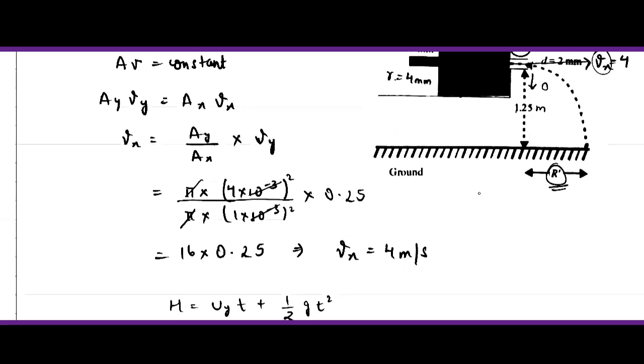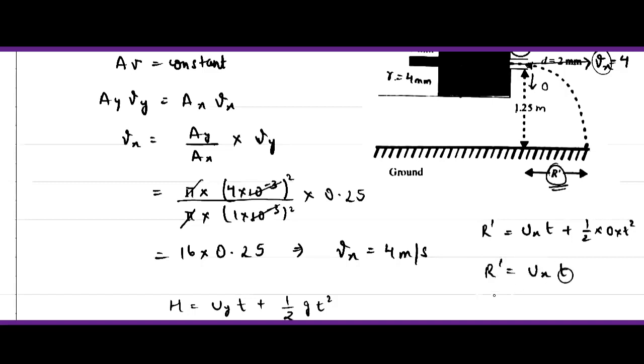And if I apply Newton's second equation of motion in the x direction, I will get the range, that is r dash, equals ux into t plus half into acceleration into t square. Now see, the acceleration due to gravity is in the y direction and there is no acceleration in the x direction, so the acceleration will be 0. So we will simply get r dash equals ux into t.